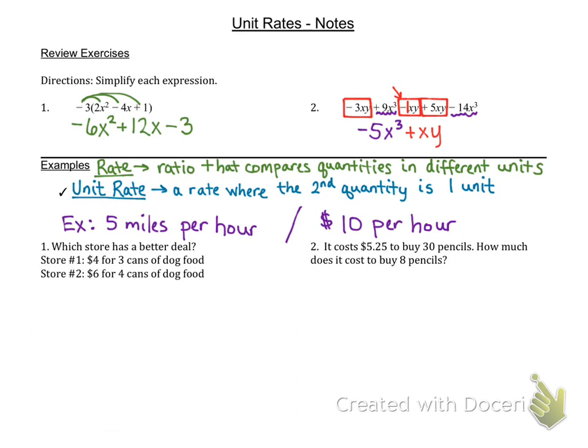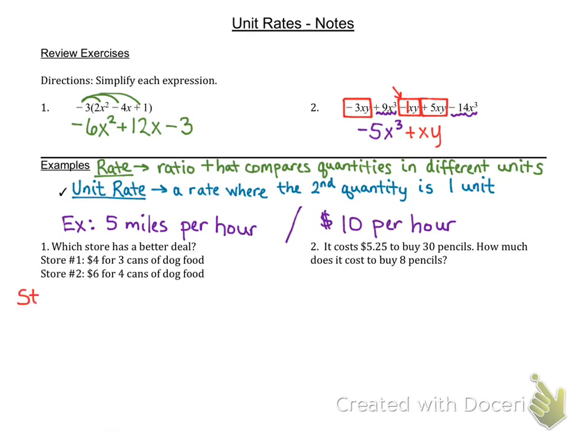Let's try number 1. It says, which store has a better deal? Store 1 is $4 for 3 cans of dog food, and store 2 is $6 for 4 cans of dog food. Our goal here is to find the unit price, what 1 can of dog food would cost, and then we can compare them.